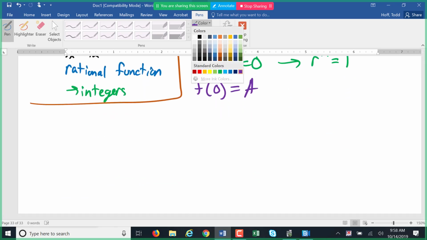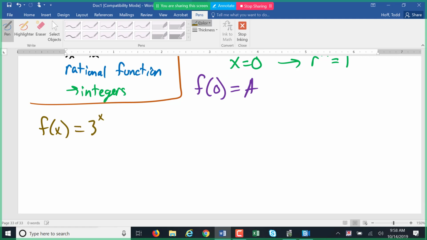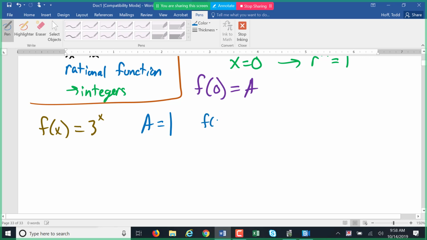So let's go back to that first example. F of x equals 3 to the power of x. In that example, a equals not 3, but 1. Since it's just 3 to the power of x, you can think of that as f of x equals 1 times 3 to the power of x. 1 is that initial value that we're multiplying by.